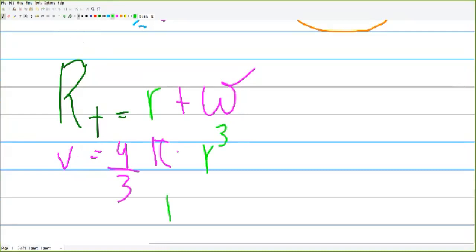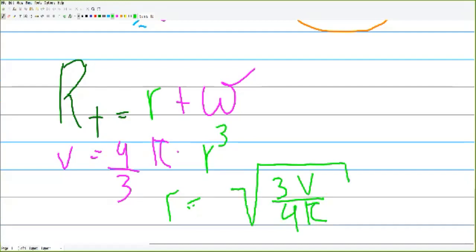So I wanted to know R. R then is going to be 3 times V divided by 4 times pi, right? And all of this, the cubic root, right? So that's R, and we can plug it in on our equation.